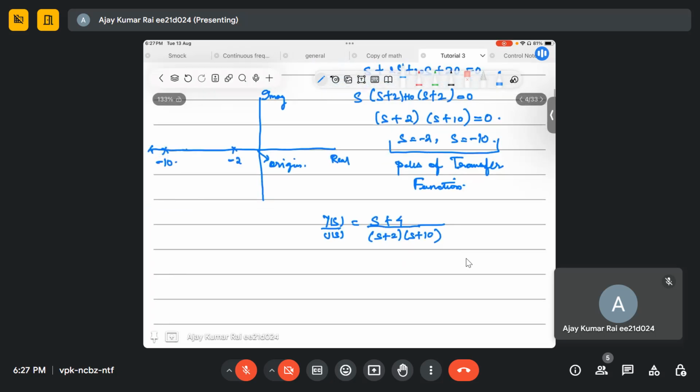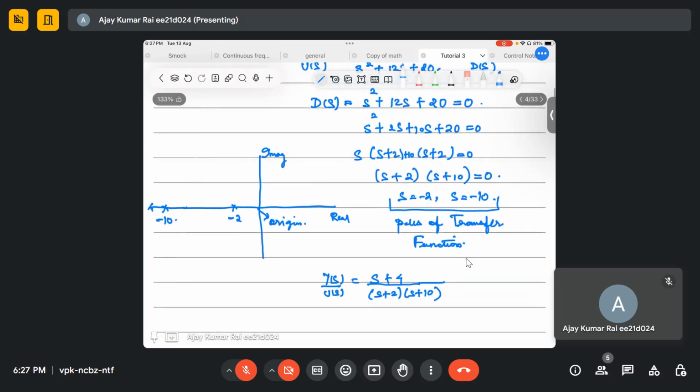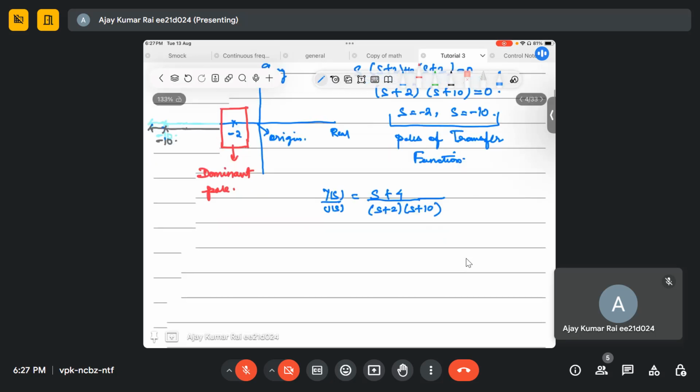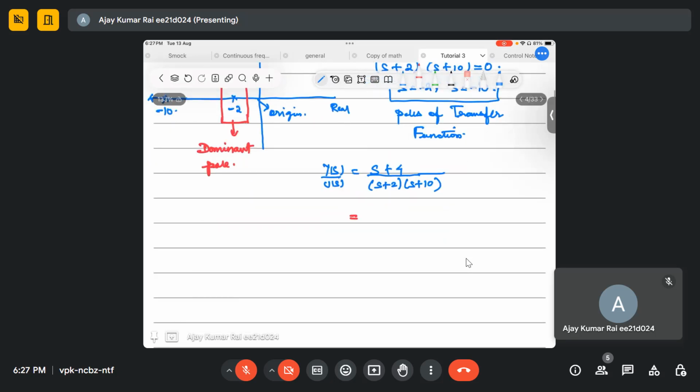To confirm what I told you: the pole which is lying nearer to the origin is called the dominant pole. I am directly specifying that this is the dominant pole, because you will get a by (s plus 2) plus b by (s plus 10), right?